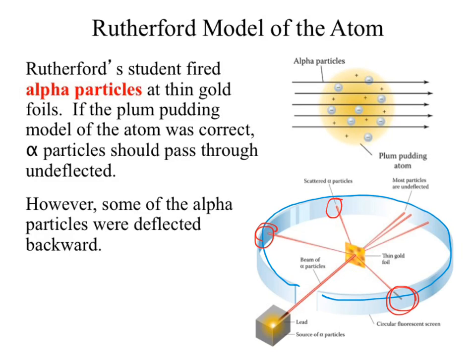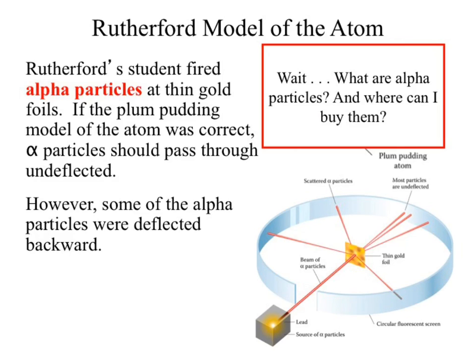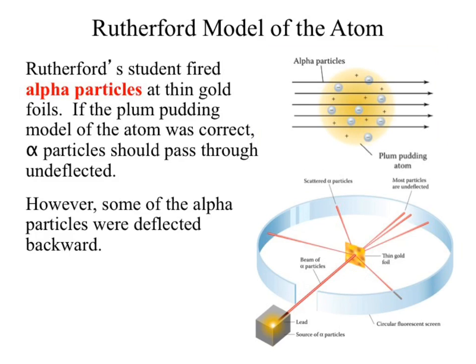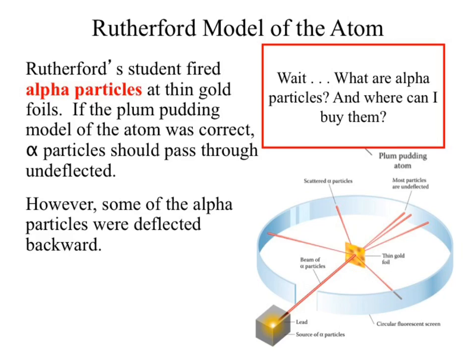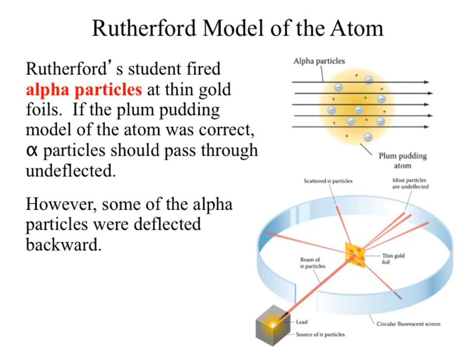So with this data, Rutherford now concludes that we don't have Thompson's model of a plum pudding, but we now have the existence of a nucleus. Which I'll just write in there.